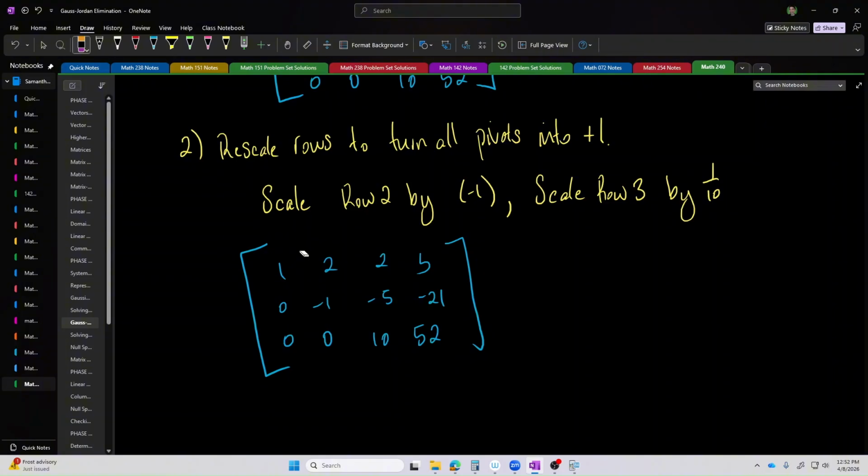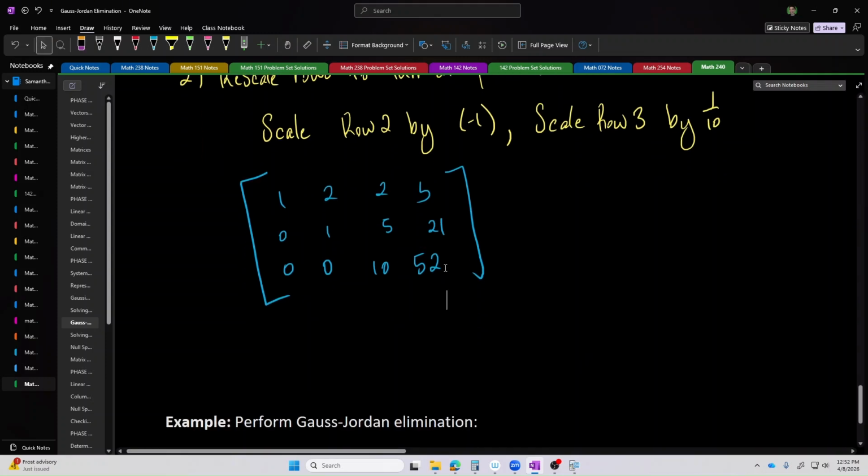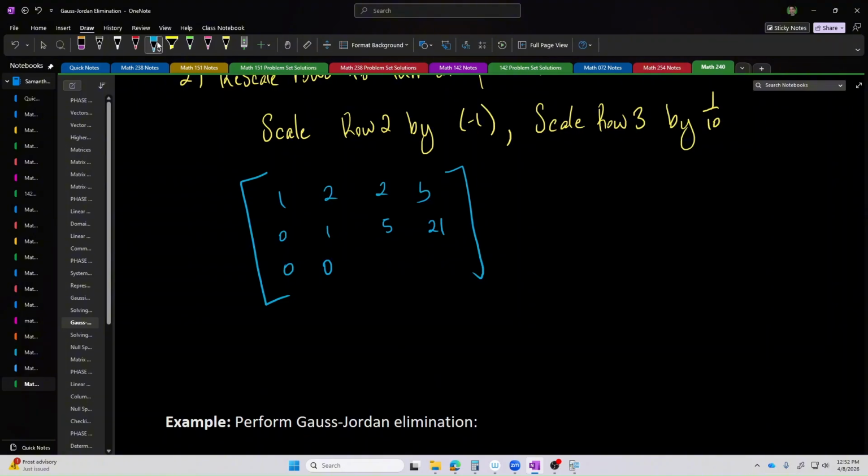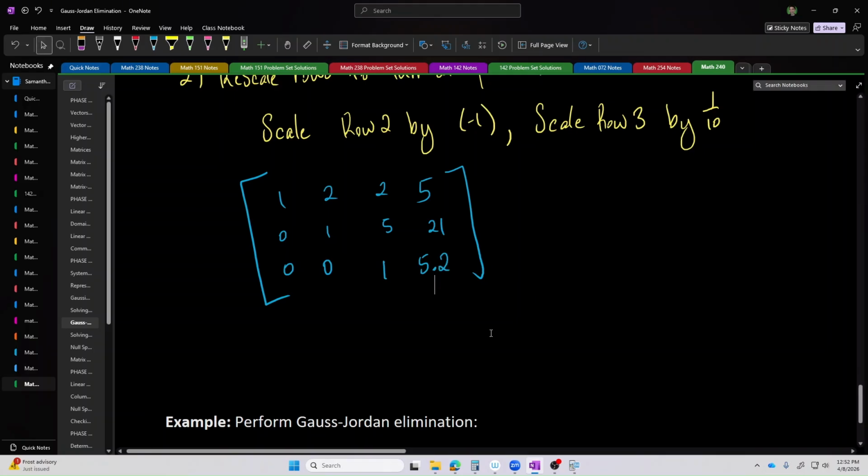So -1 becomes +1, -5 becomes +5, -21 becomes +21. And if I divide the entries in the third row by 10, that's going to shift the decimal point. So that's going to turn the 10 into a 1, and that's going to turn a 52 into a 5.2. I'm not in the mood to deal with fractions too much today, so let's just do decimals.